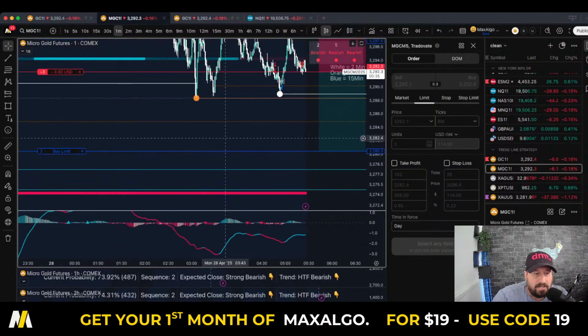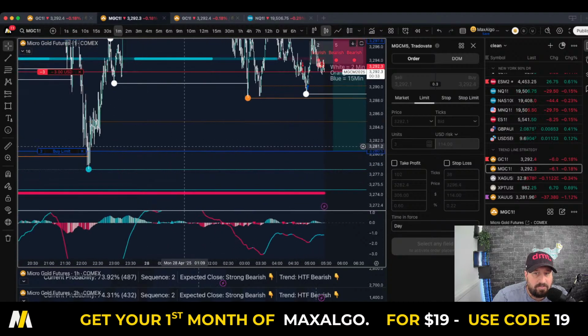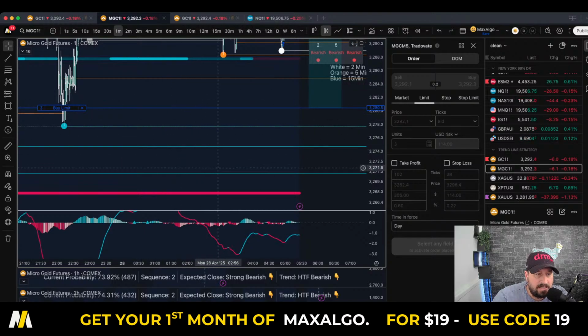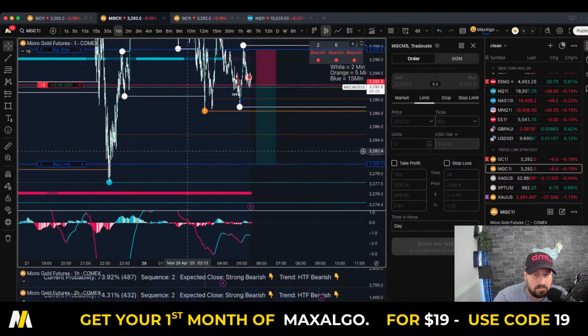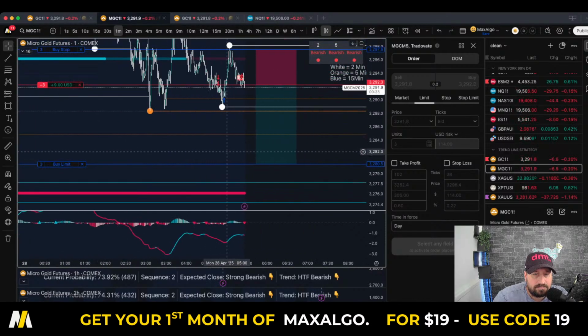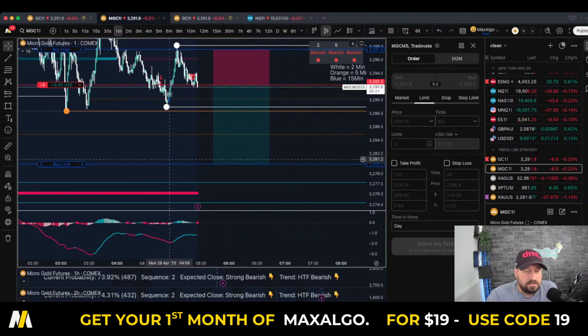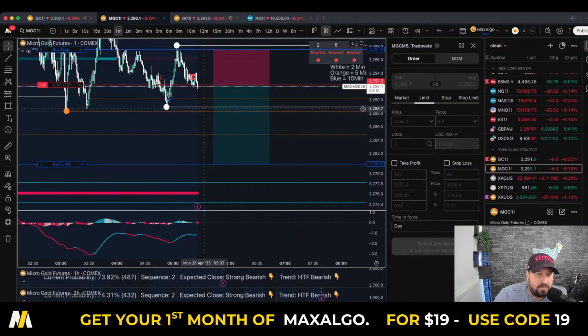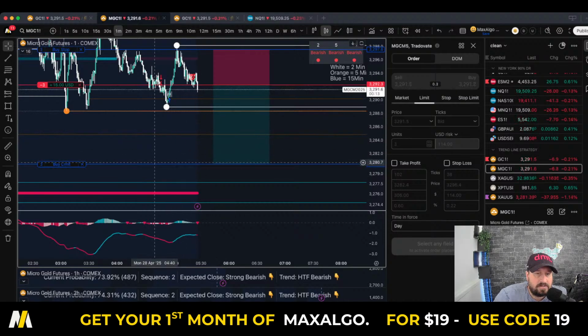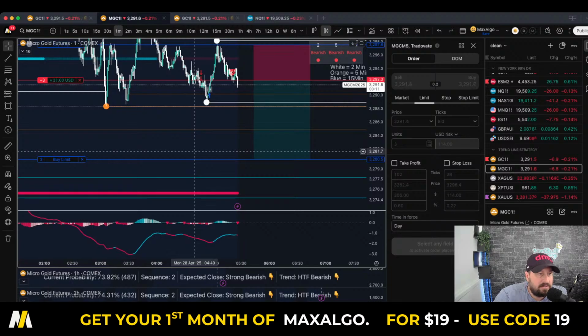But I do like, if we are going to go bearish, a potential run at these liquidity levels below. We just need to be careful around these liquidity levels if we do take them, right? Just in case we snap back.